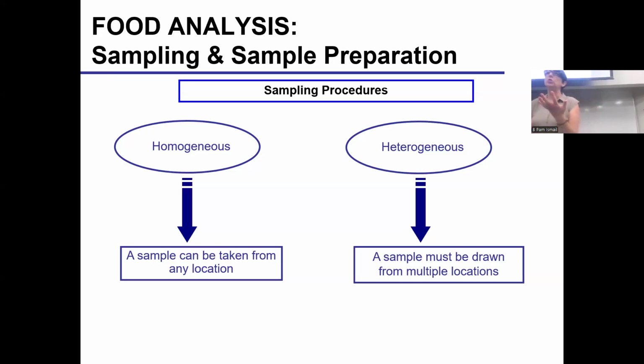The best way to do that is to grind it while frozen, so that it doesn't get sticky. So cryogrind, and we'll talk about that in a little bit. And then it will be homogeneous, and then you can sample from that for your analysis.